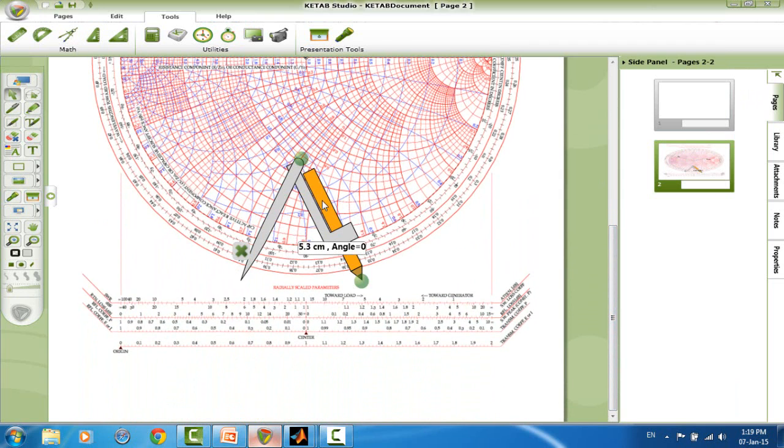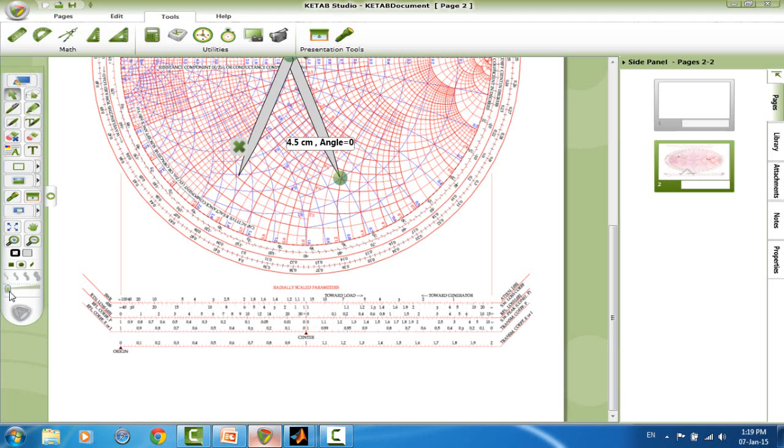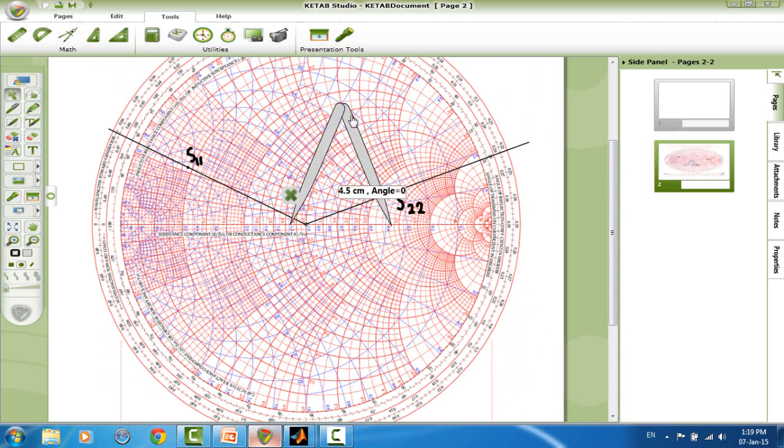For the source, it is equal 0.55, so it's almost here. Take it and put a point on the center.